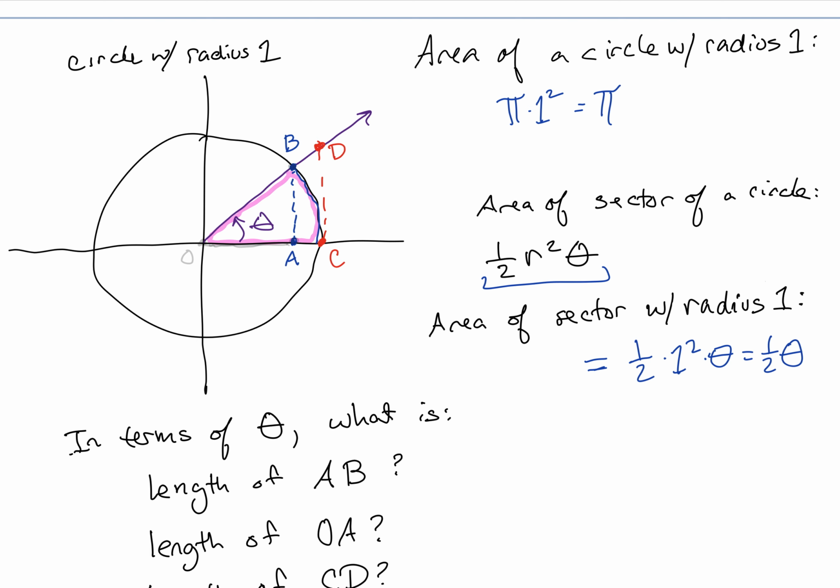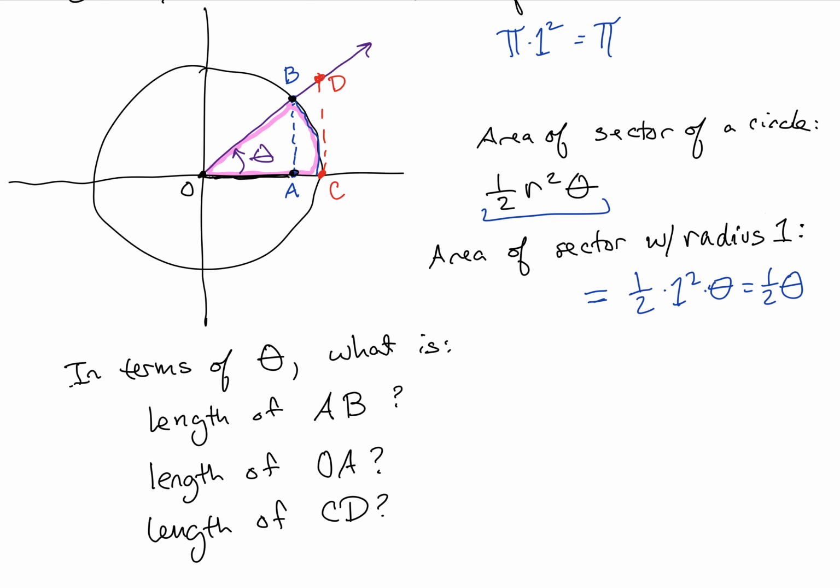And each of those is a triangle, of course, with the origin 0, 0, which we'll call O. So let's think about the lengths of each of these line segments: the length of the line segment AB, from A up to B, the length of the line segment OA, this one down here, and the length of the line segment CD. Maybe I'll pause and let you think about that for a moment before we talk about it.